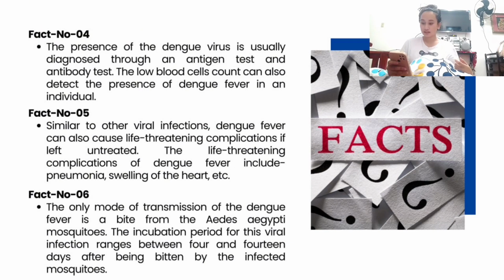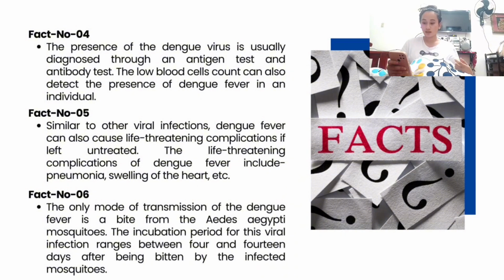And the fourth fact is the presence of the dengue virus is usually diagnosed through the antigen test and antibody test. The low blood cell count can also detect the presence of dengue fever in an individual. Dengue virus presence is typically diagnosed through antigen and antibody tests.